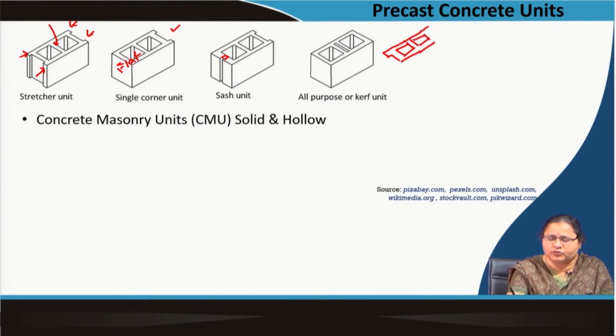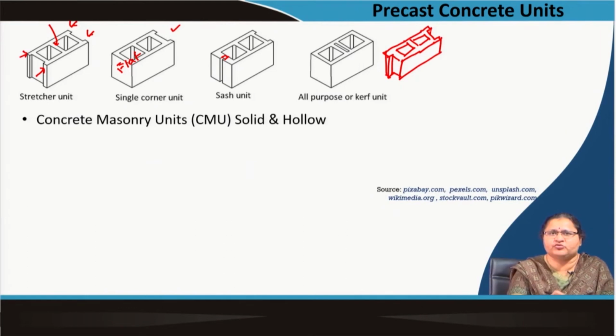Whatever is the requirement, you can select your piece from the lot and use it. But what is the difficulty? Can you cut it? It is not possible. So you have to move to a modular plan.